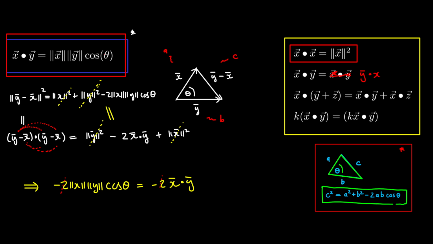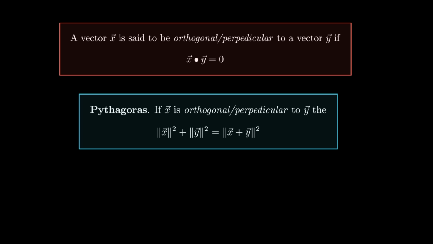So this suggests to us a general definition, which is the definition that we take for perpendicularity of vectors, and that's just given here. So we say that a vector x is perpendicular to a vector y, simply if the dot product of these two vectors is equal to 0.